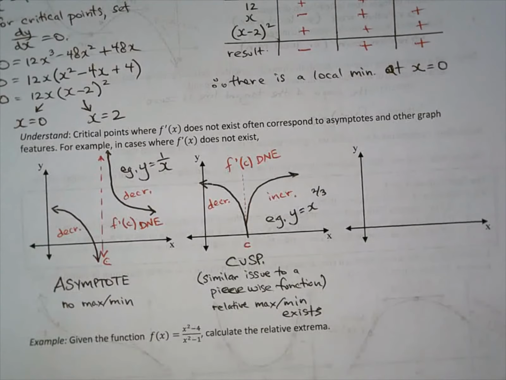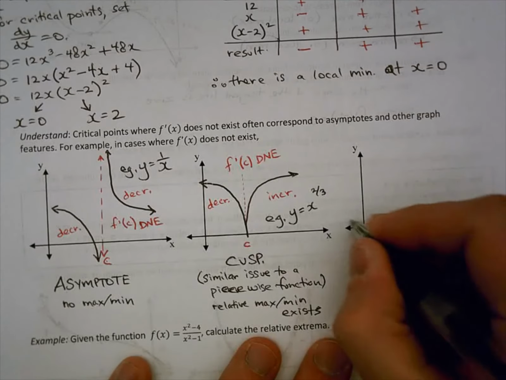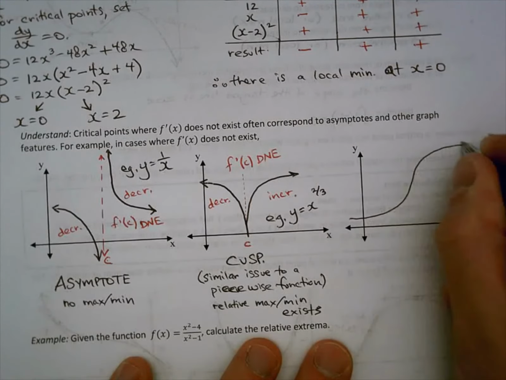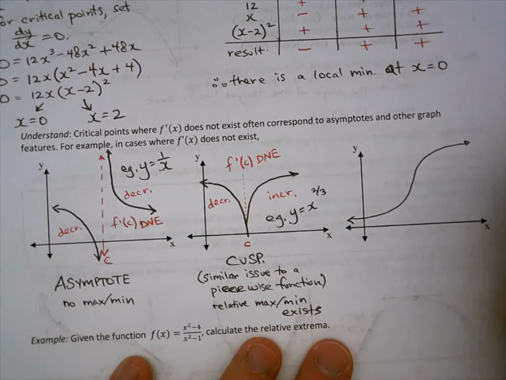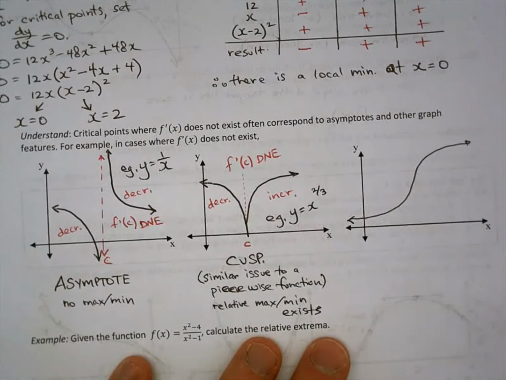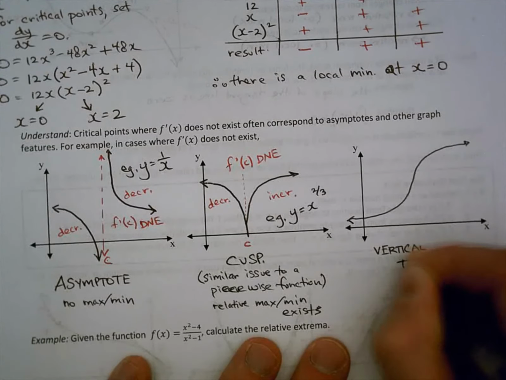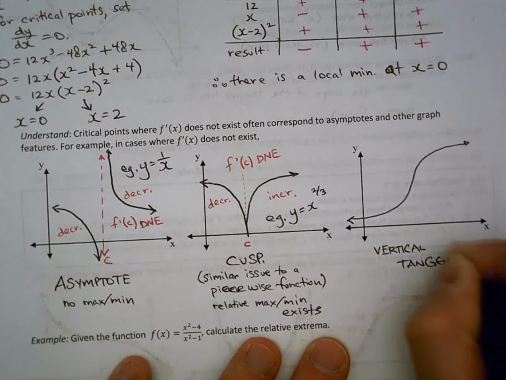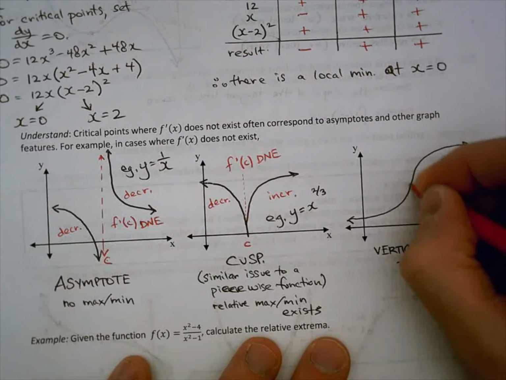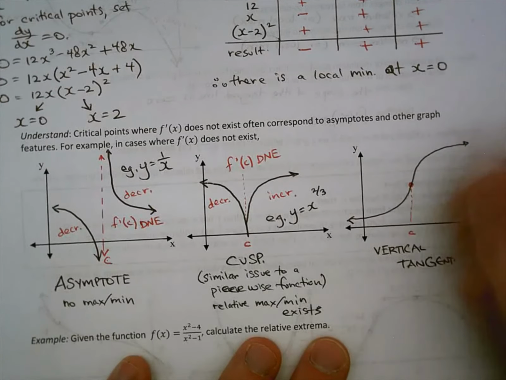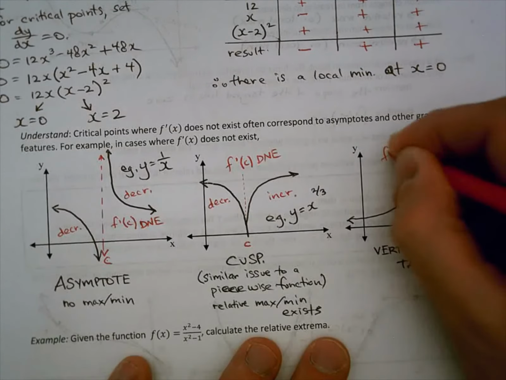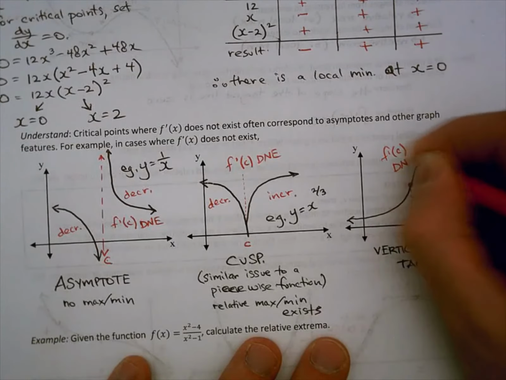Again, this is not really in this course, but just to show you so you have complete notes and complete idea of how this course works. You have a vertical tangent. So you have a point here, that's my critical number, where the derivative does not exist.